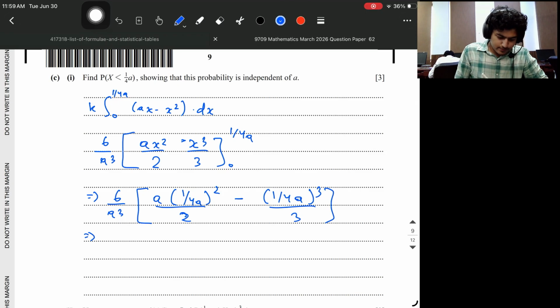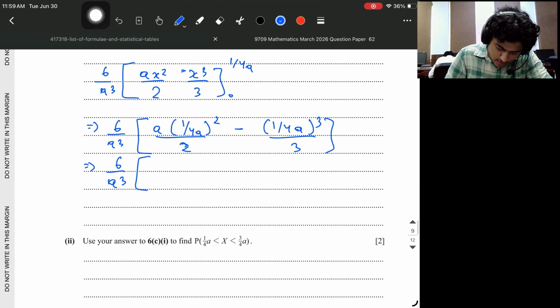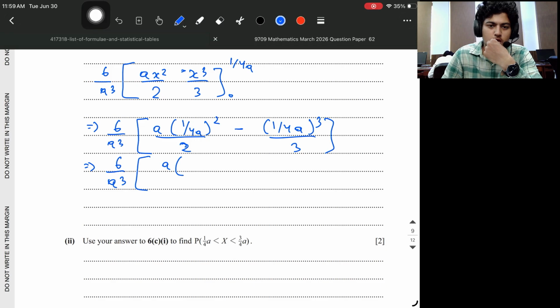All right. So 6 upon a cubed, and what do we have here? We have a upon 2 times a squared, which would just be 1 upon 16, right? 4 squared is 16, 16 into 2 is 32.